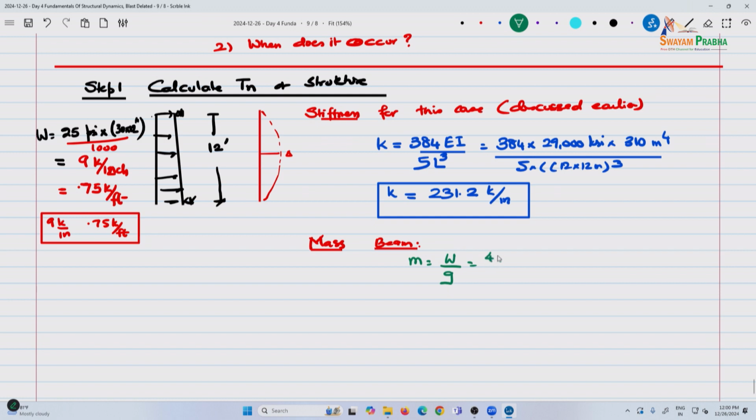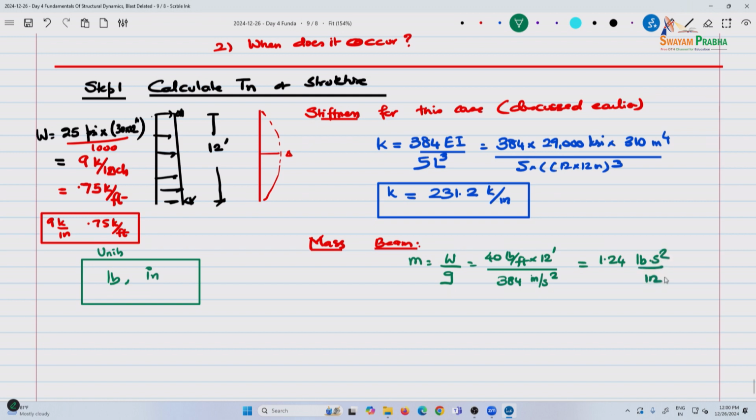So, this is 40 pounds times 12 feet divided by 384.6, or let us say 384 inches per second square, and units say pounds and inches. So, this gives us a mass of, because if I do kips, it is going to be a very small number, 1.25 pounds second square per inch.